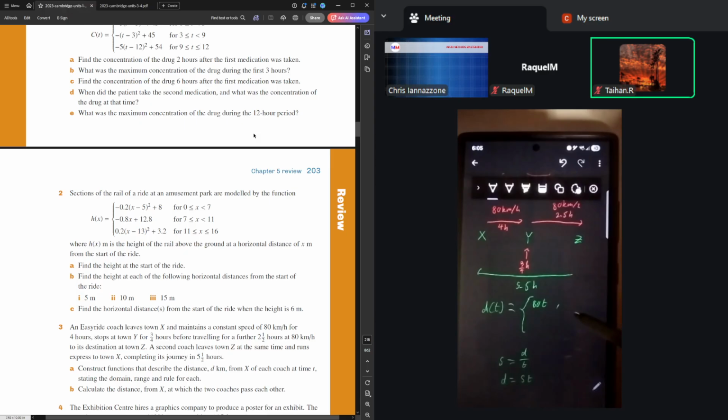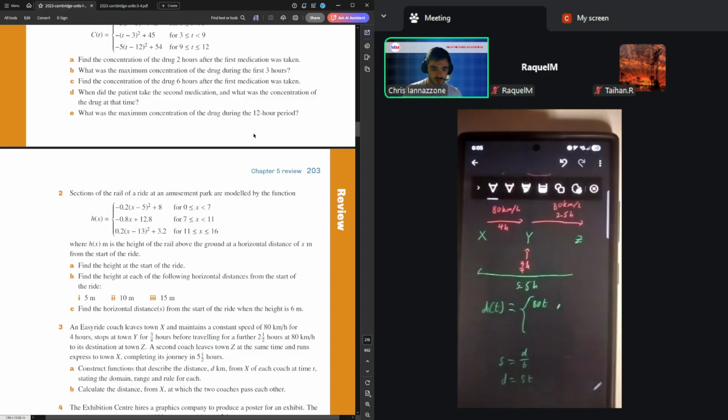We just need to give a domain. Hopefully this will be a little bit easier to spot. So domain is x, or in this case t. What's a relevant or appropriate domain for this?